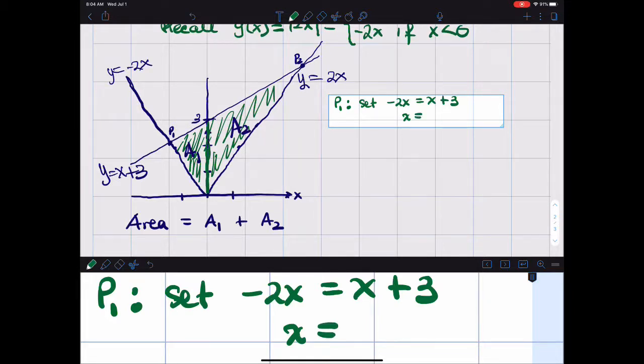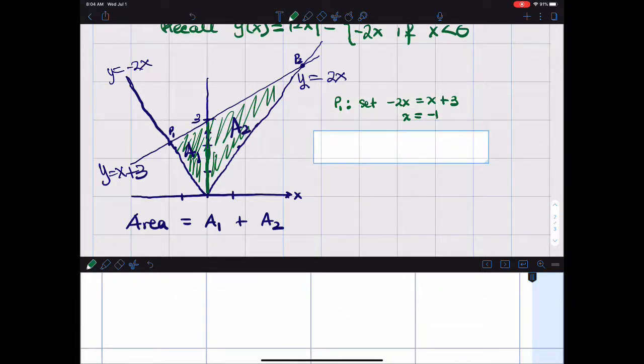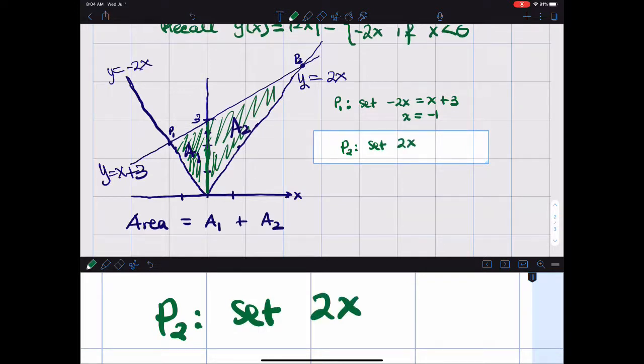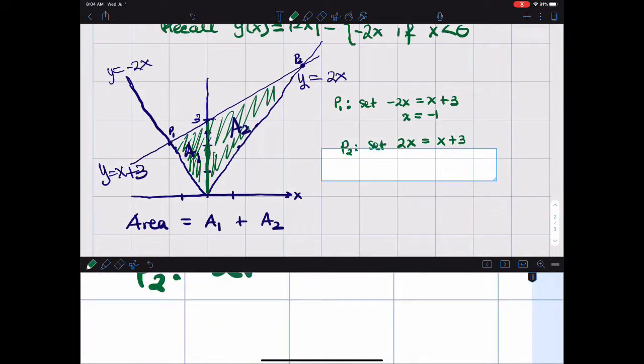So x is negative 1. And then let's solve for P2. We just need to set 2x equal to x plus 3. If you solve this, you're just going to get x is equal to 3, I think.